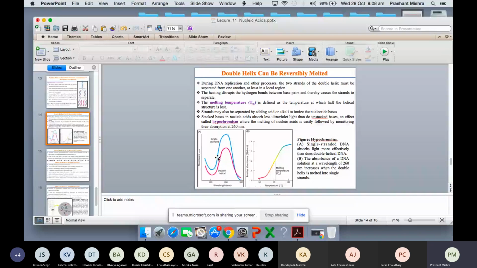So single-stranded DNA will have more absorbance than double-stranded, because when the bases open up, they absorb more ultraviolet light, and that's why you see the increase in absorbance. This effect, where light is less absorbed because of the stacked bases, is known as hypochromism, and this is known for nucleic acid. This graph very clearly demonstrates how you can perform it.